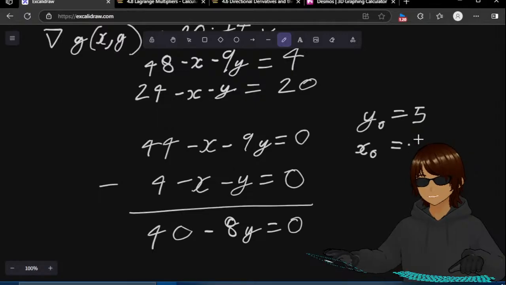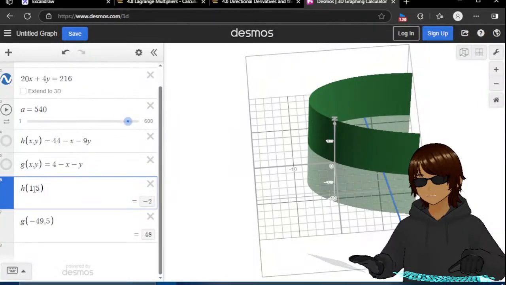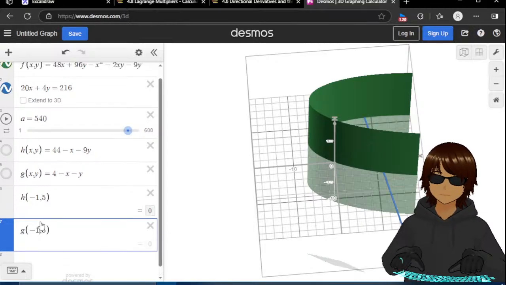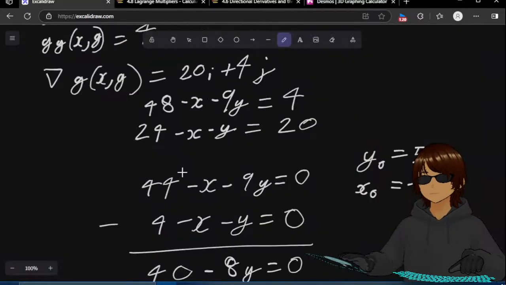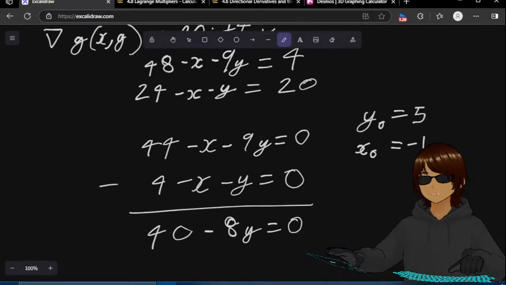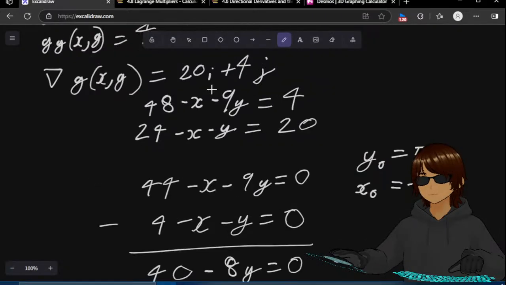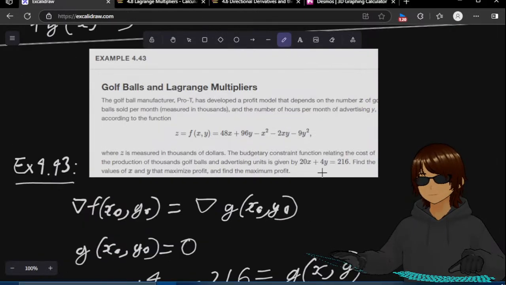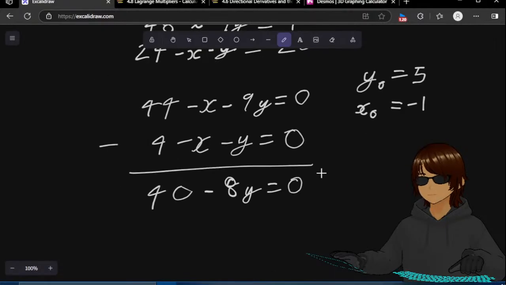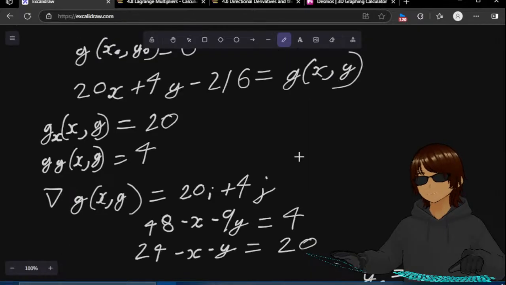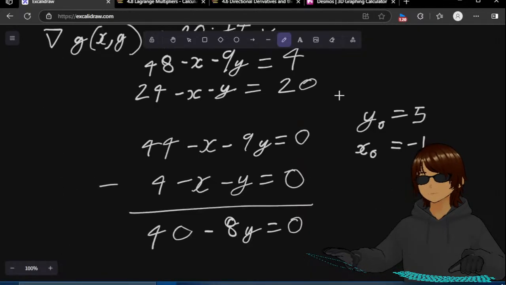So x is also negative 1, right? But yeah, got these two. So what now? y naught is 5, x naught is negative 1.